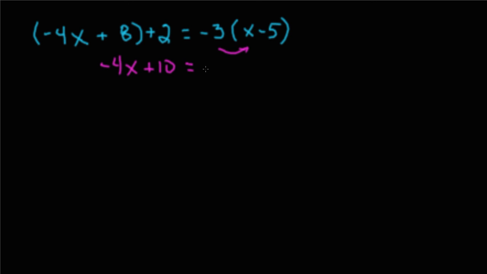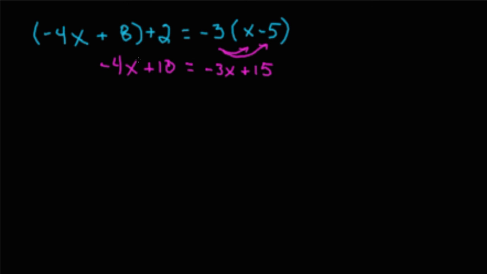So negative 3 times x is a negative 3x. And then a negative 3 times a negative 5 gives us a positive 15. Again, we haven't changed the value of the overall equation at all. We've just simplified it a bit by getting rid of the parentheses, by multiplying on the right-hand side, and by adding over here.